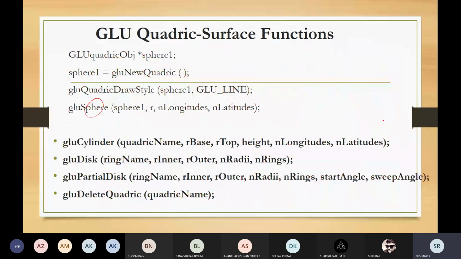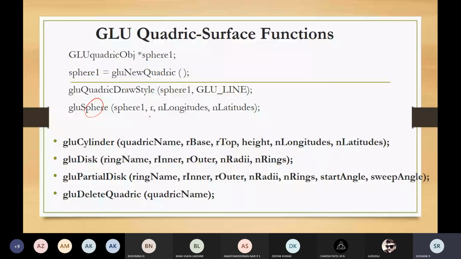How do you generate a quadratic surface by using GLU functions? The first step is to give a name to the quadratic surface; here I'm giving the name as sphere. After that I have to activate the GLU quadratic renderer, and after that I should give the values for the surface parameter.